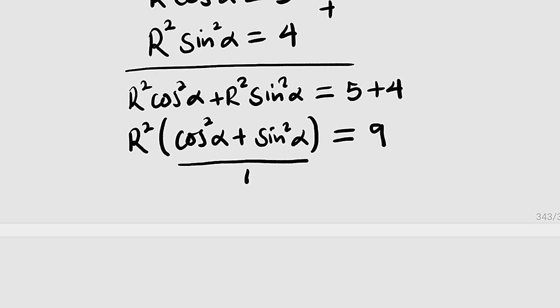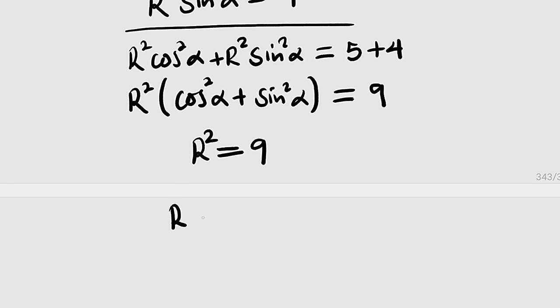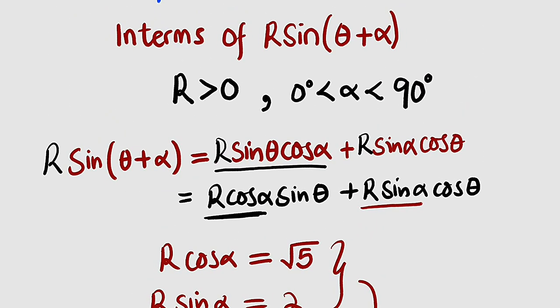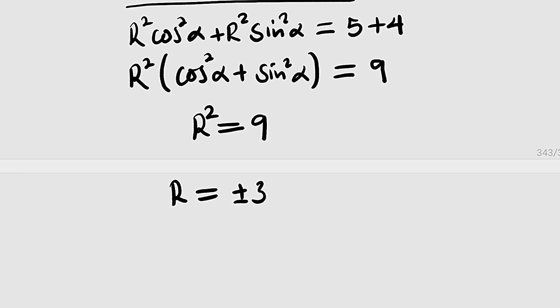The only thing we have is r squared equal to 9. If you take the square root of both sides, you have r equal to plus or minus 3. But remember, they said r is greater than 0, so we take the positive result. So r is equal to 3.